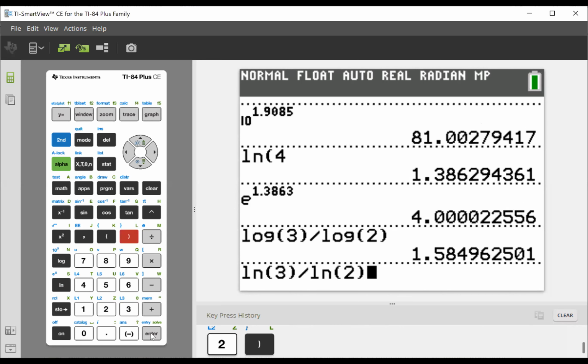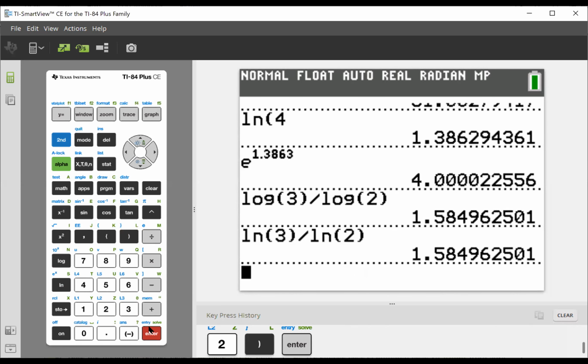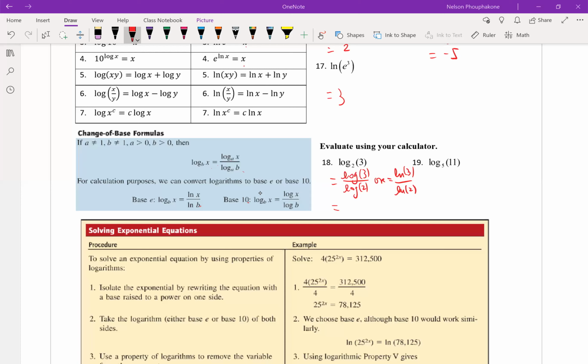Let's see if we get the same result. Oh, we get the same result. So therefore, the answer to this one is 1.5850, rounding to 4 decimal places.